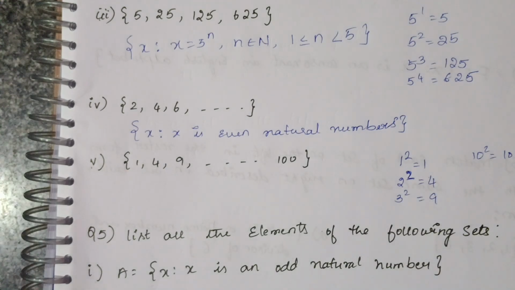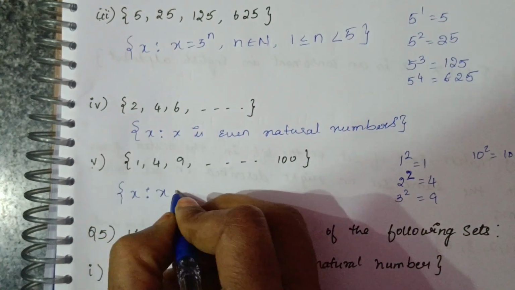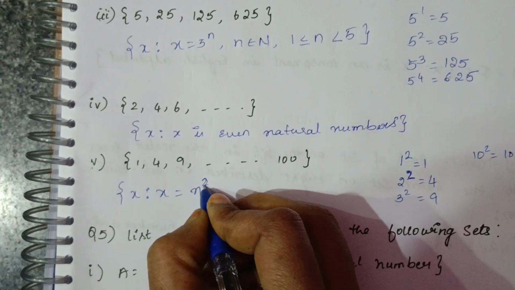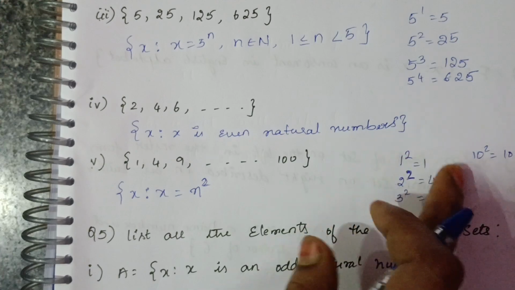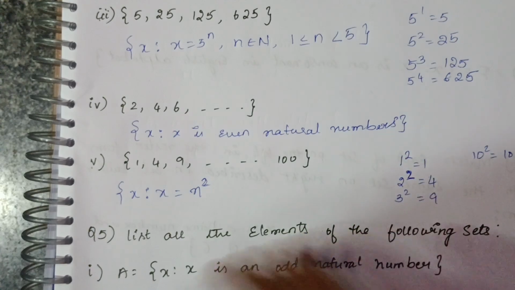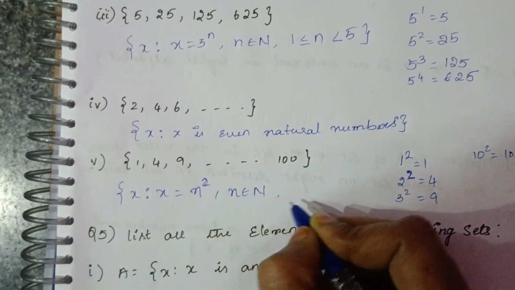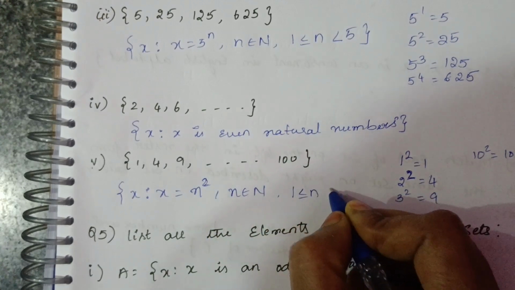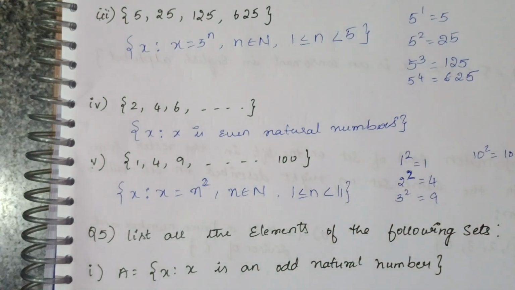So here we can write it as x is equals to n to the power 2. N means natural numbers, here 1, 2, 3, 4. 1 square means 1, 2 square means 4, like that. So here n belongs to which numbers? Natural numbers, and 1 is less than or equals to n, less than 11. Why? Because up to 10 is here.